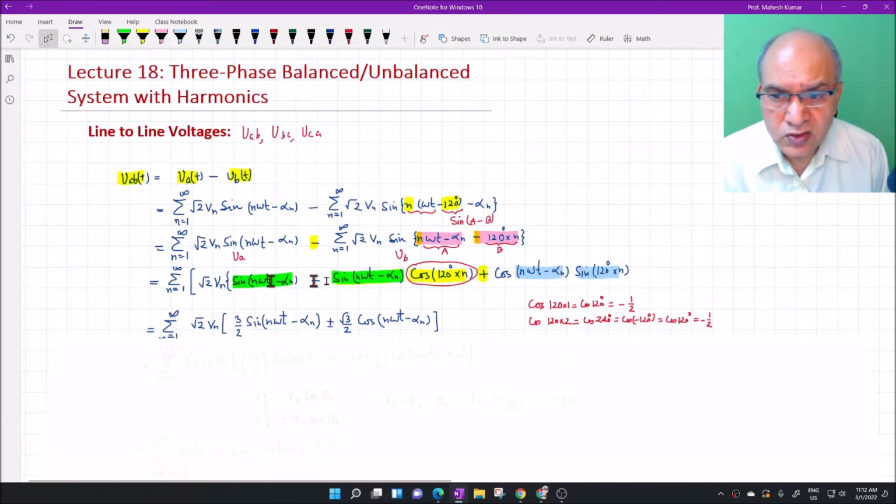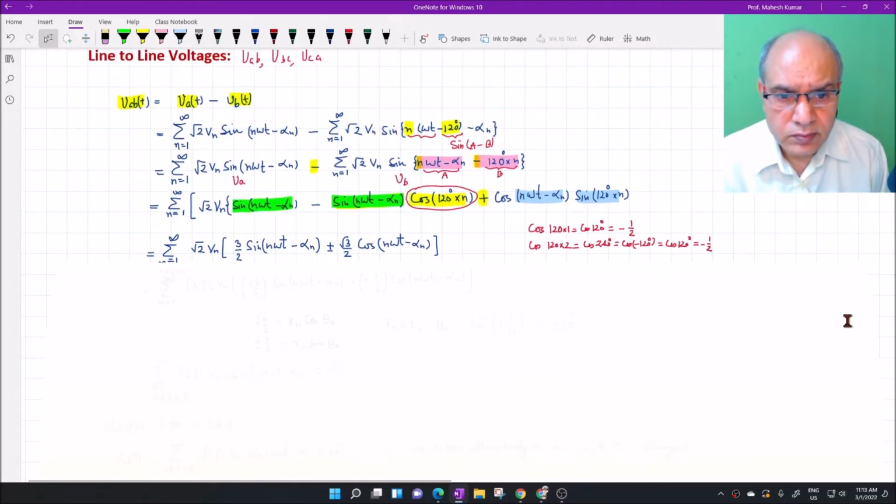So the whole term is 0 for n equal to 3, 6, 9. Okay, so this VAB exists only for non-triplen harmonic components. For triplen harmonic components, the whole term is equal to 0. Okay, we will see it. So this is the simplification for cos 120n.